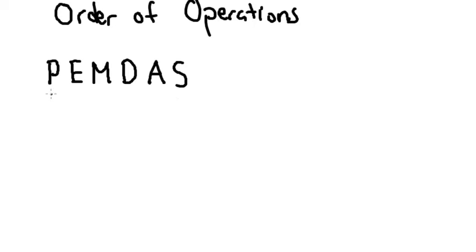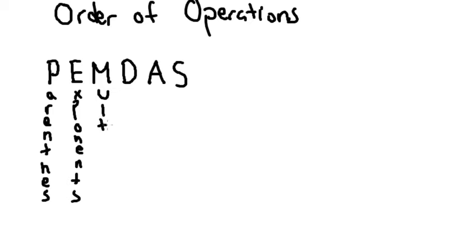So this is parentheses. Do those first. You simplify inside of a parentheses first. Then you want to take care of your exponents second. Then multiplication. And let me know, by the way, if you have any specific problems.